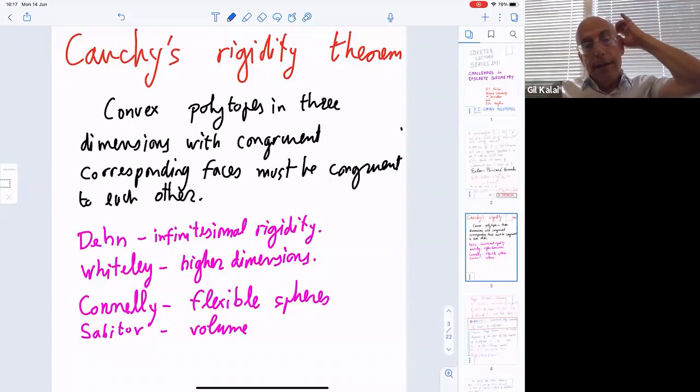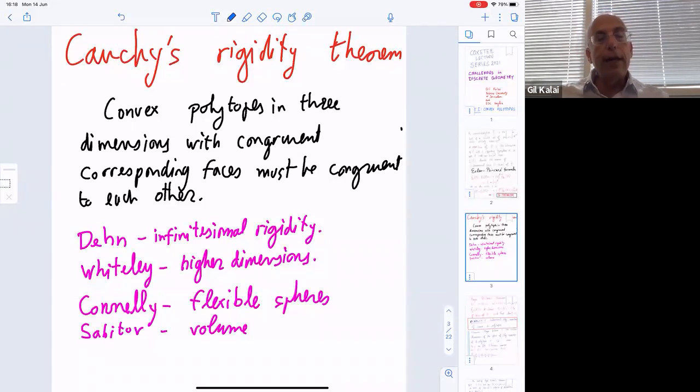And then there is a very fascinating and deep high-dimensional extension by Walter Whiteley, and it had a lot of consequences for face numbers that I'll mention a little later.